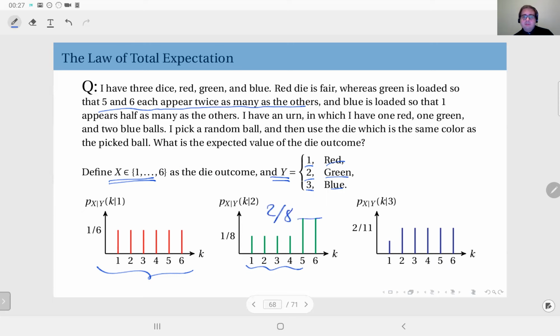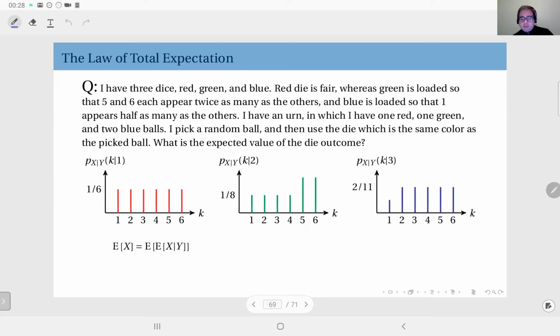And with respect to the blue one, 1 appears half as many as the others. So these all have 2/11, and this one has 1/11. You see all PMFs add up to 1. I have arranged them so that they are legitimate probability distributions.